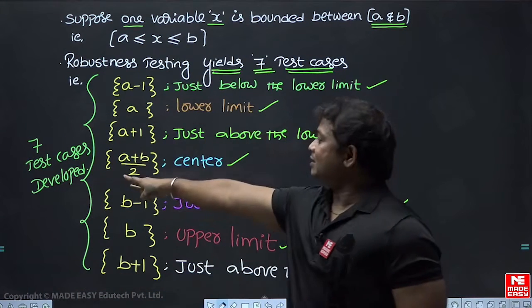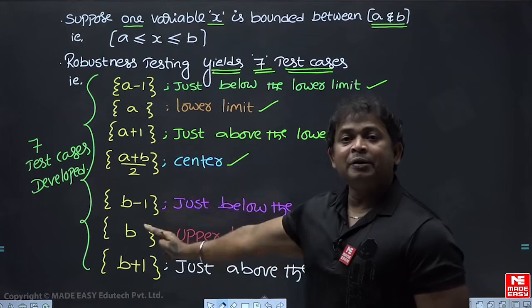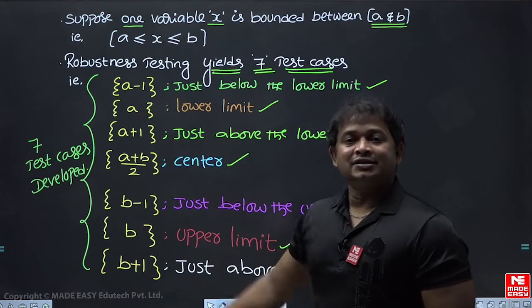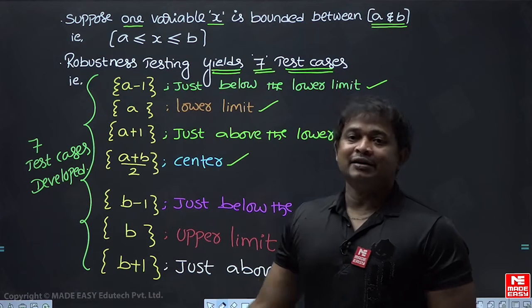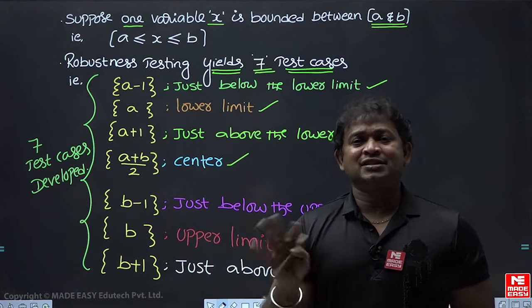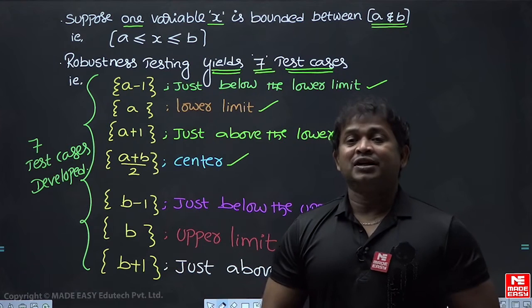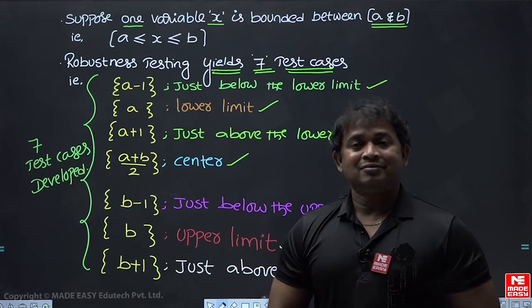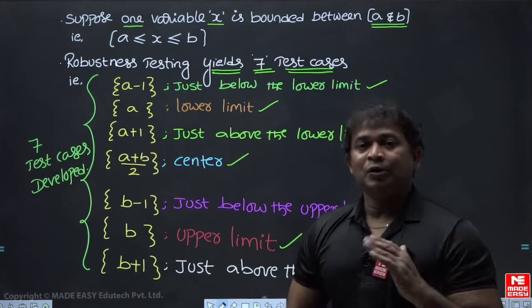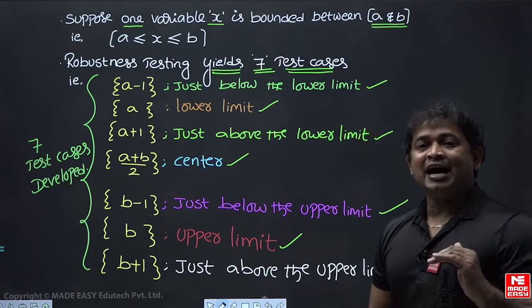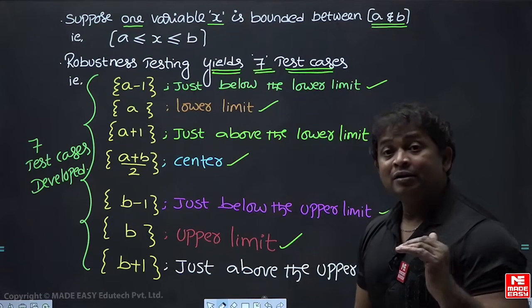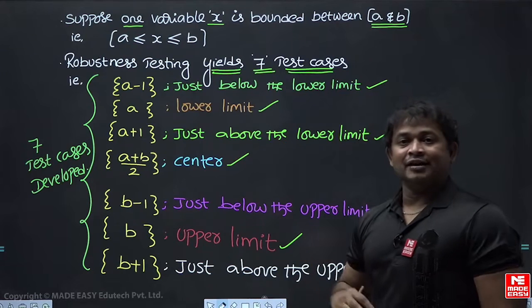After developing them, implement the 7 test cases to cover the errors. In all test cases, if no errors are detected, then conclude that the system is successful. If a program has only one variable, 7 test cases are required.